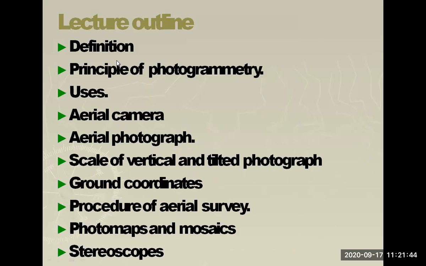It means definition of photogrammetry, principle of photogrammetry, uses of photogrammetry, aerial camera, कैमरा कैसा रहता है, एरियल कैमरा फोटो निकालने के लिए, देन एरियल फोटोग्राफ्स वो कैसे रहते हैं, एरियल मींस एयरक्राफ्ट एरोप्लेन से निकाले हुए फोटोग्राफ्स, एरियल कैमरा मींस जो कैमरा एयरक्राफ्ट में बिठाया जाता है, एरोप्लेन में बिठाया जाता है, वही कैमरा एरियल कैमरा, देन एरियल फोटोग्राफ्स, देन नेक्स्ट पॉइंट स्केल ऑफ वर्टिकल एंड टिल्टेड फोटोग्राफ्स.